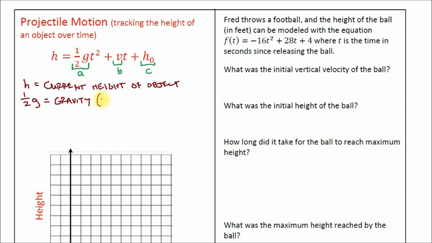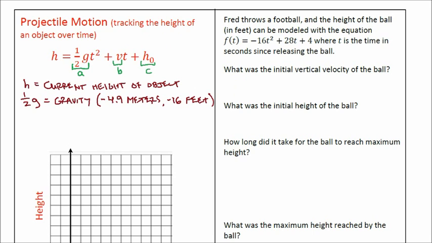If the height is in meters, then 1/2 of g is going to be negative 4.9. And we're going to use negative 16 if we're measuring our height in feet.